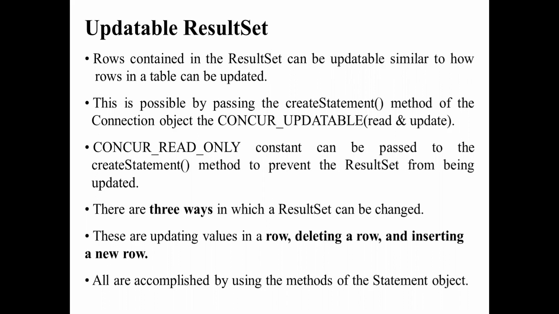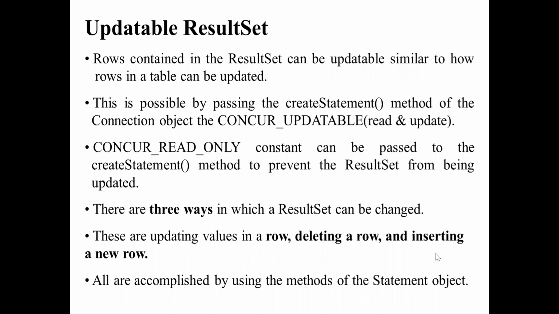There are three ways in which the result set can be changed. What are the three ways? First, updating the values in a row. Second, deleting a row, which means the existing table may be changed. And third, inserting a new row, which increases the existing table, so the table may be changed.